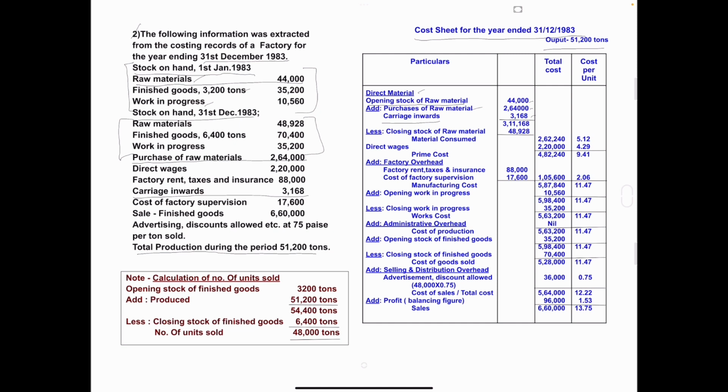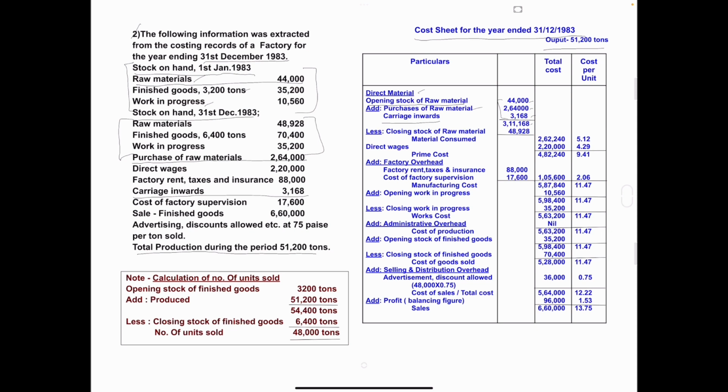Carriage inward in purchases and carriage outward in selling and distribution overhead. So now add these three amounts, 44,000 plus 2,64,000 plus 3,168, and the total is 3,11,168.